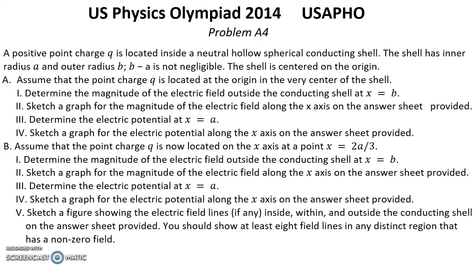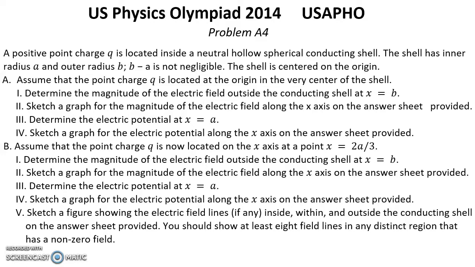Part B. Assume that the point charge Q is now located on the x-axis at the point x equals 2a/3. Question 1. Determine the magnitude of the electric field outside the conducting shell at x equals b. Question 2.